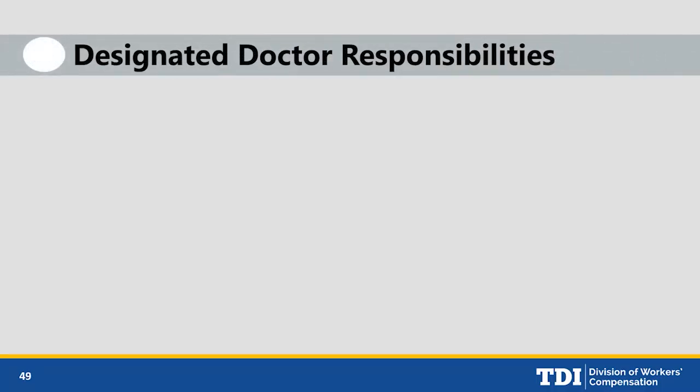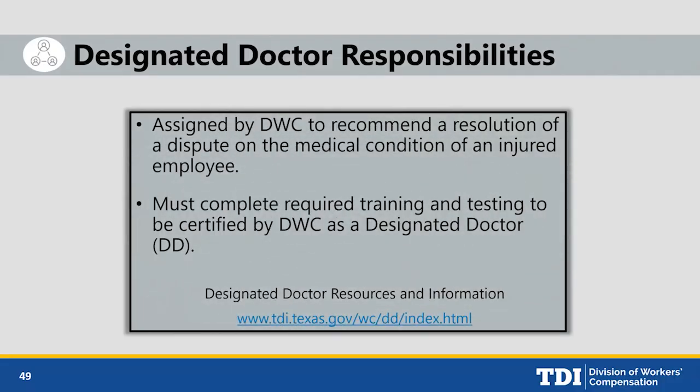Next, we have our designated doctor responsibilities. And designated doctors, these are our special doctors appointed by the division to provide expert opinions on disputes regarding an injured employee's medical condition. So their assessments are important.